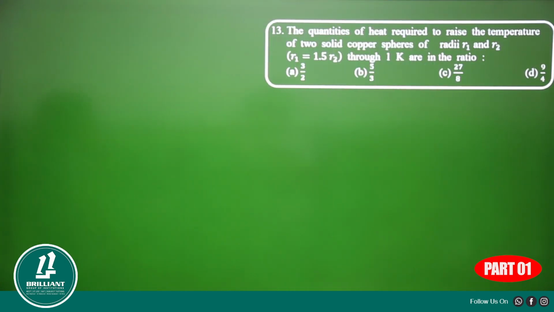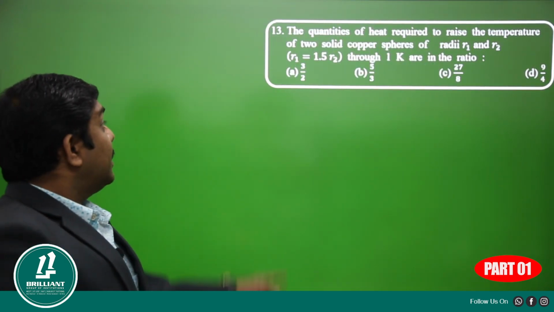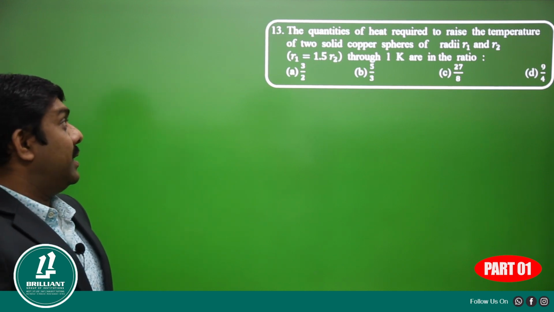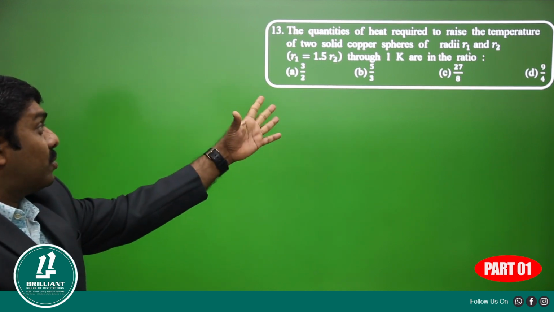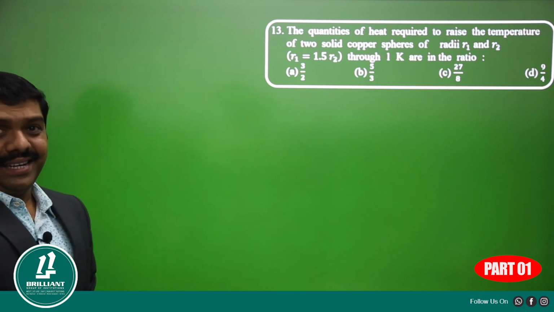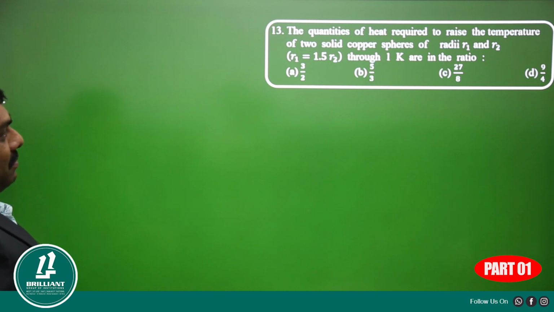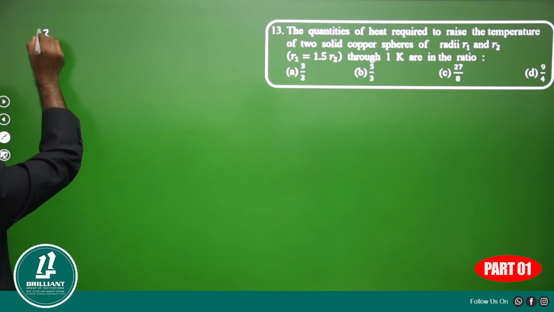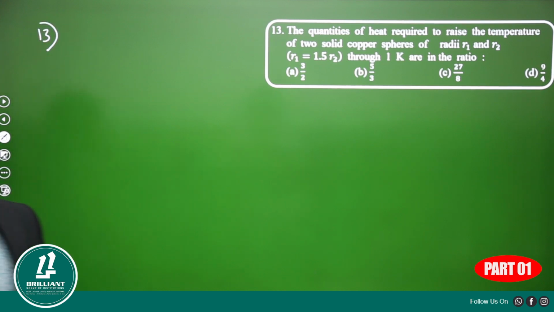Now we are doing question 30. The quantities of heat required to raise the temperature of two solid copper spheres of radii R1 and R2, where R1 is 1.5 R2, by 1 Kelvin are in the ratio. This is a question based on thermal properties of matter.